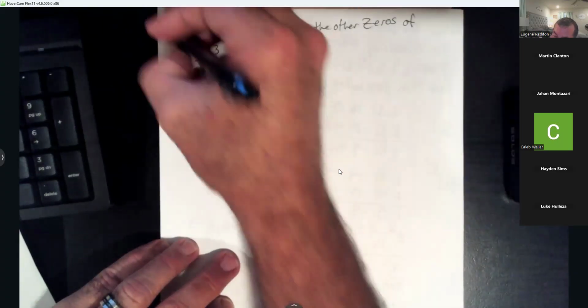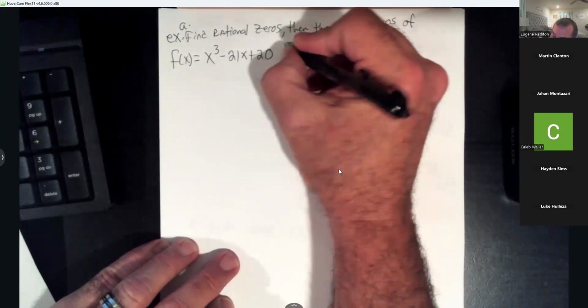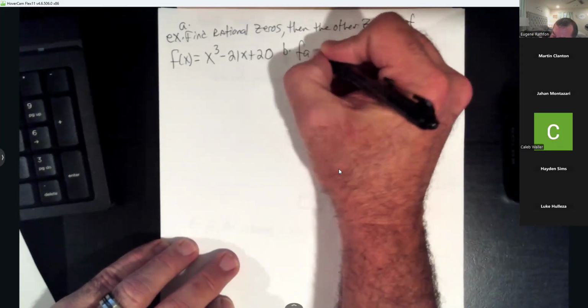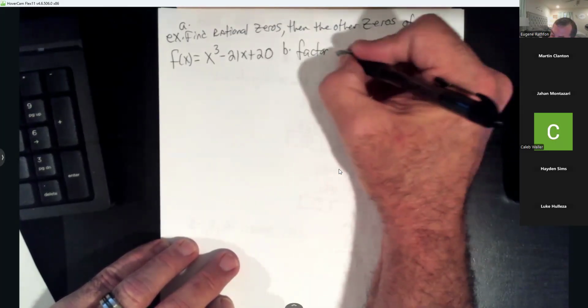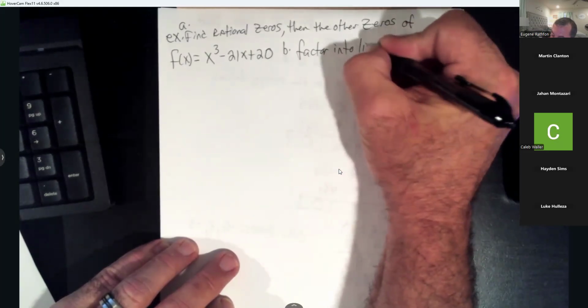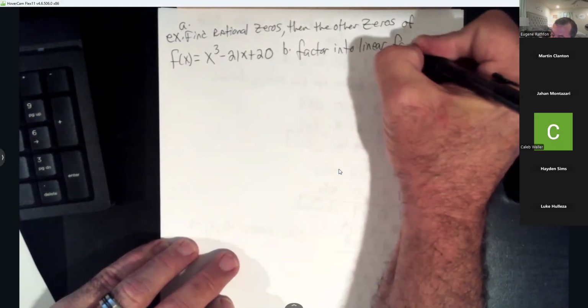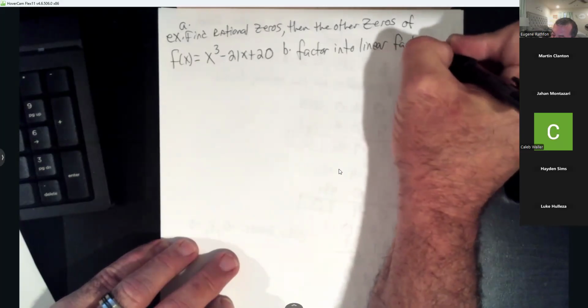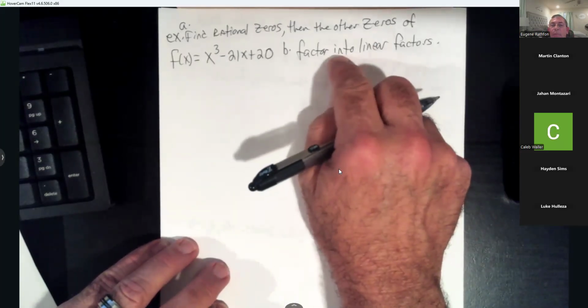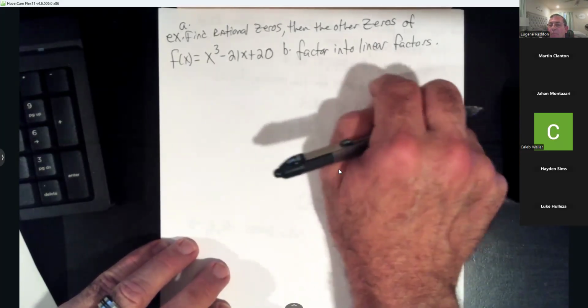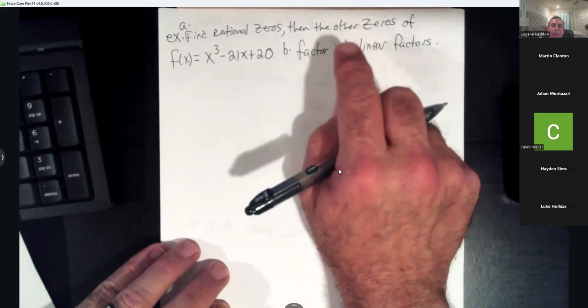So that was A, would be that part. And then on B, they want me to factor into linear factors. So that just means do like I did earlier, putting them in parentheses, okay?